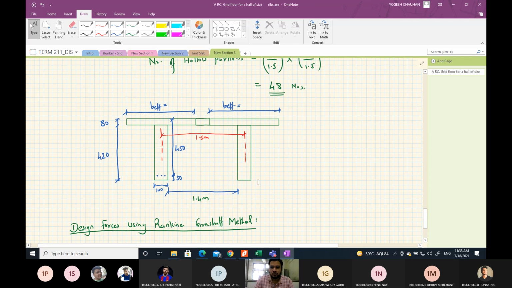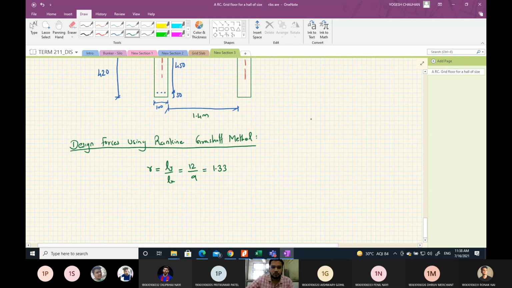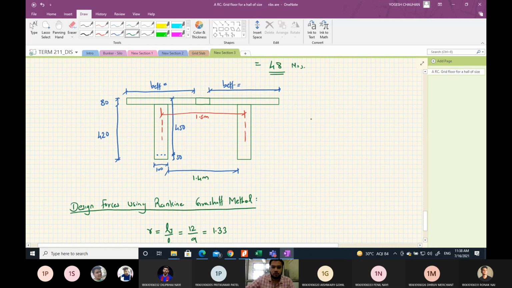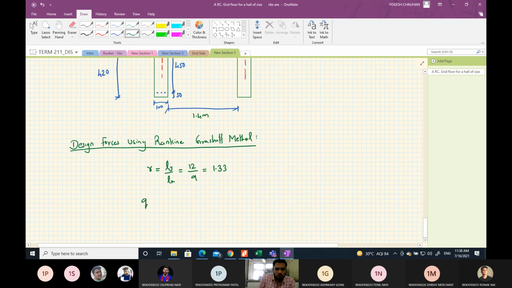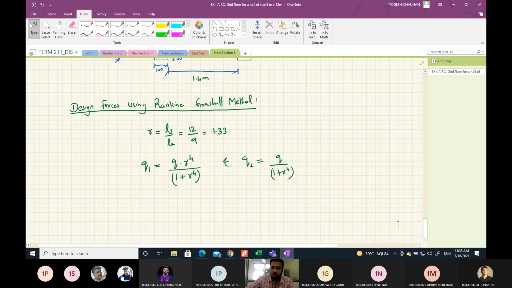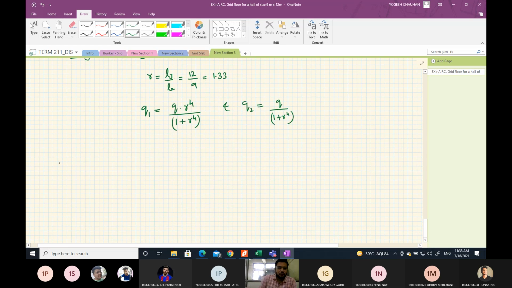We have to calculate the load as well. So Q1 is equal to Q times r raised to 4 divided by 1 plus r raised to 4, and Q2 equals Q by 1 plus r raised to 4. Now here Q is the intensity of the load. So for that we have to calculate the loads.